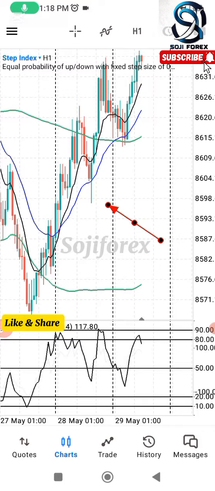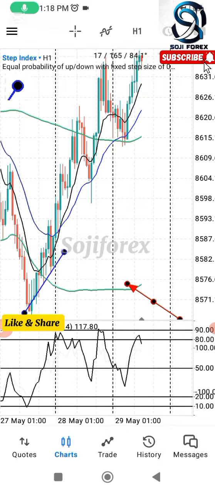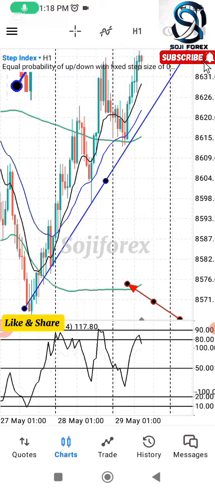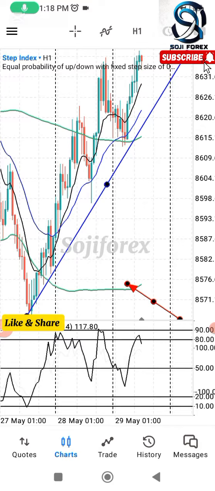Another way to determine this is by using our trend line. So here is a trend line, and I've connected it. You might be wondering, how do I connect my trend line? You need two structural points to connect an effective trend line.